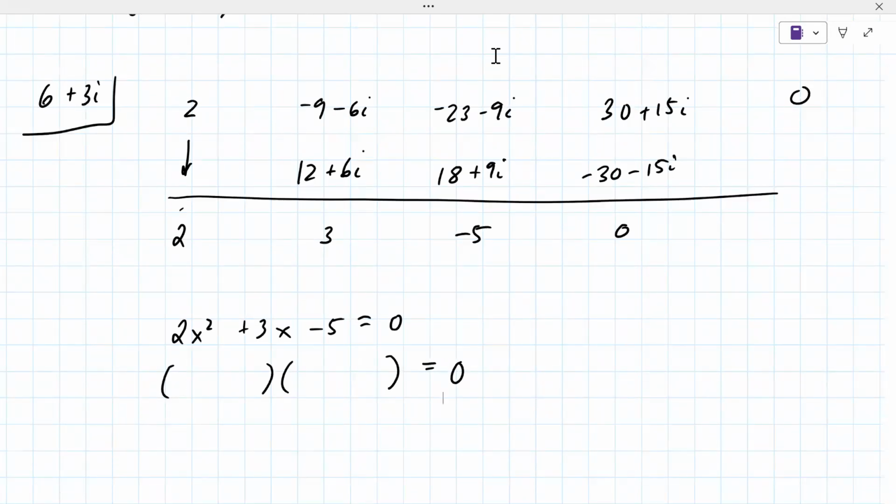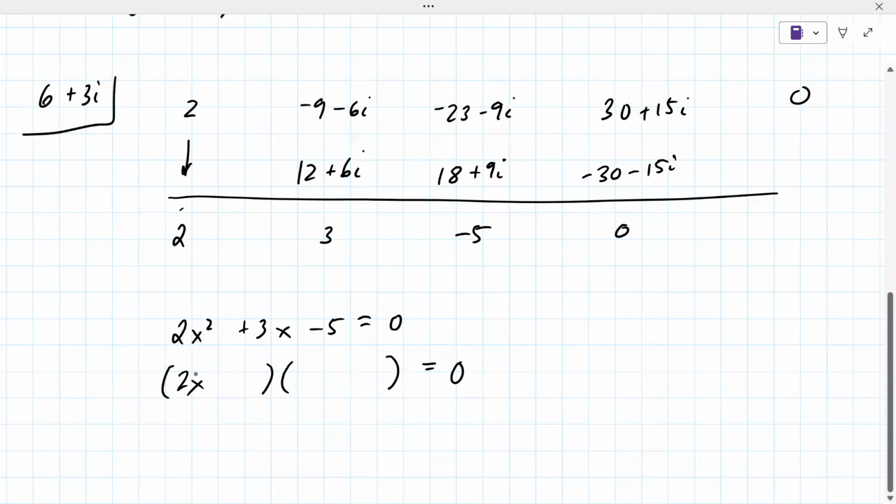It does work out. Would it be x minus 3, x plus 7?